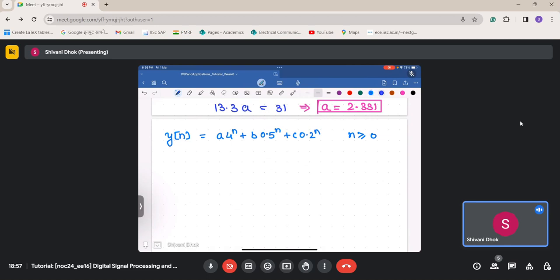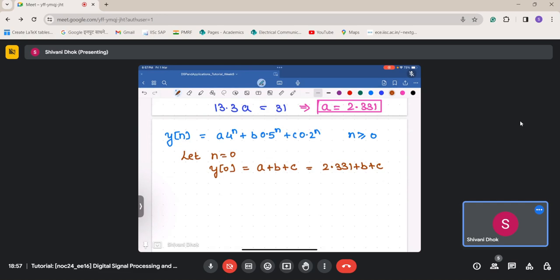So now let n equal to 0. So y of 0 will be equal to a plus b plus c, and the value of a is 2.331, plus b plus c.